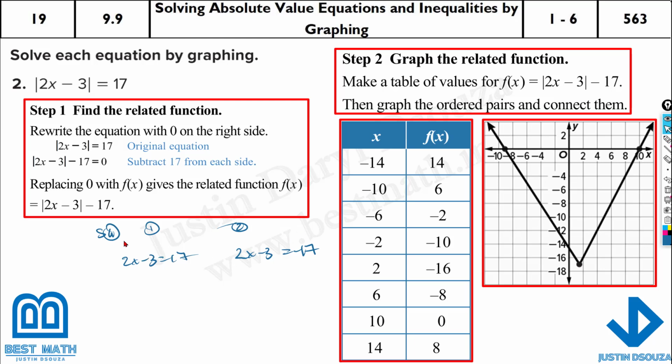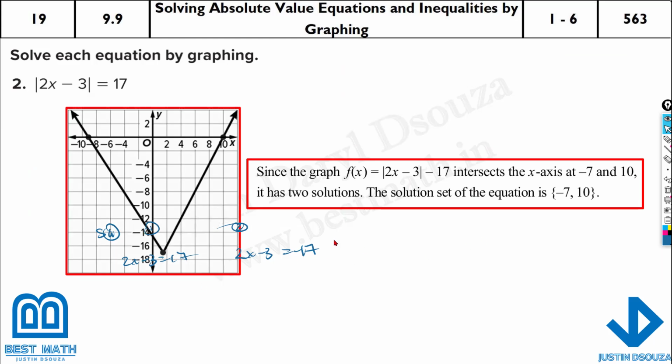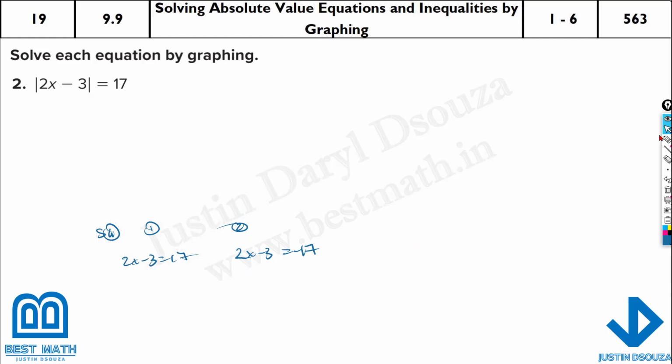Just do a couple of steps or one step and then direct the answer. It's okay. So that will be the answers. Here the answer is negative 7 and positive 10. We can solve it up. Here it will be 2x is equal to 20, x is equal to 10, and over here x will be equal to minus 14. 2x is equal to minus 14, x is equal to minus 7. So that is the answers.